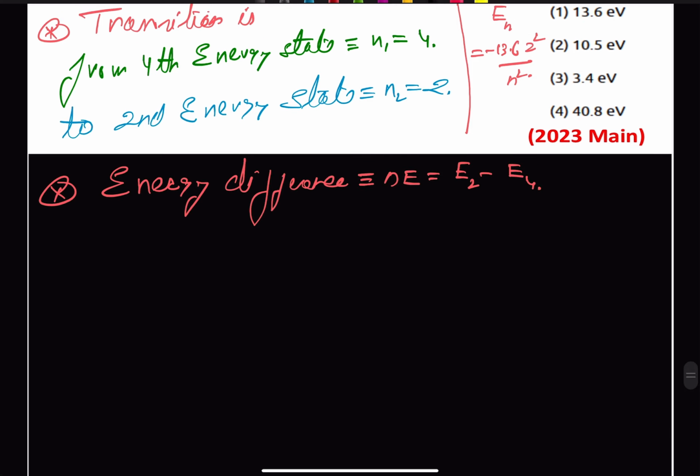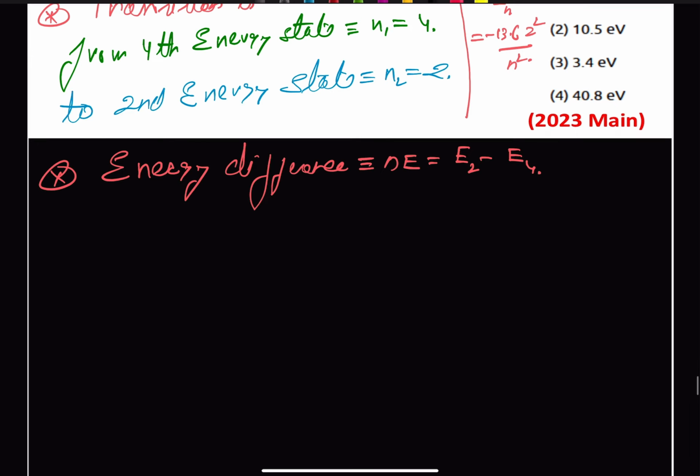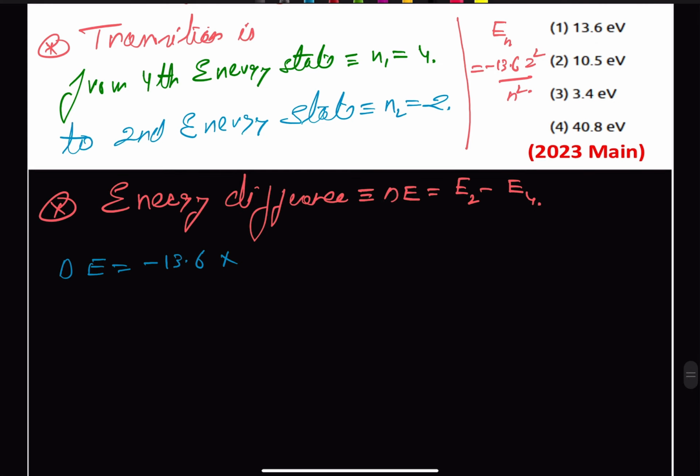So we can just plug in the values. We get delta E is equal to minus 13.6, Z is given to us as 4, so this comes as 4 square, it will be common. This comes as 1 upon 2 square minus 1 upon 4 square.